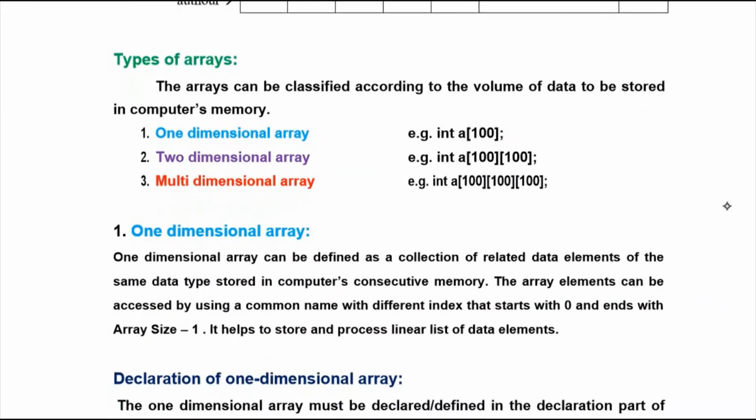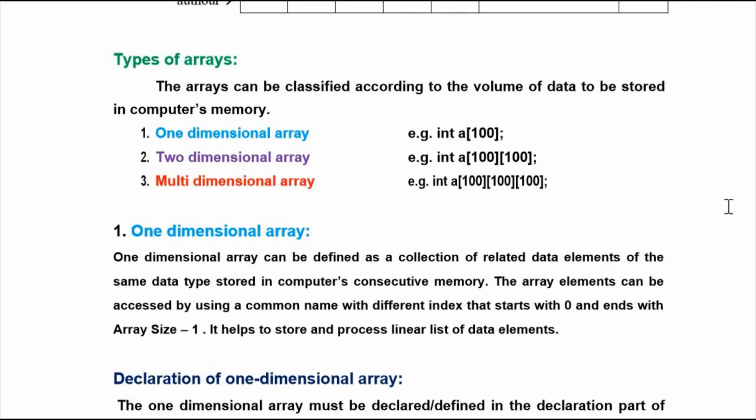Now let's see what are the types of arrays. Arrays can be classified according to the volume of data to be stored in computer memory. How much volume of data am I going to store, whether a one-dimensional value, a two-dimensional value or a three-dimensional value? If I am going to store a one-dimensional value, I call it a one-dimensional array.